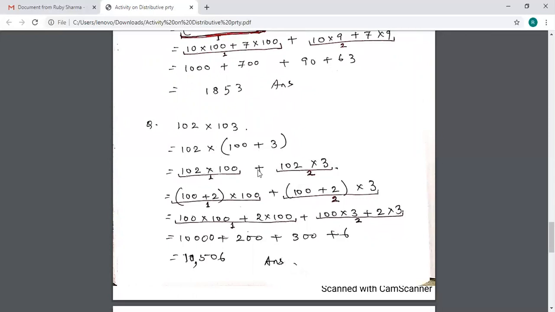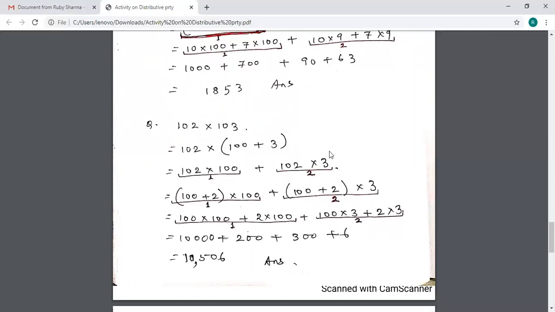Here I'm going to write 102 in the expanded form into 100. And I hope you know why I'm writing 102 in the expanded form and not 100, because calculation by 100 is easier. Same here, 102 I've written in the expanded form, and into 3 I've written on the right hand side. Now I see this part is similar to the original sum, two numbers are multiplied.